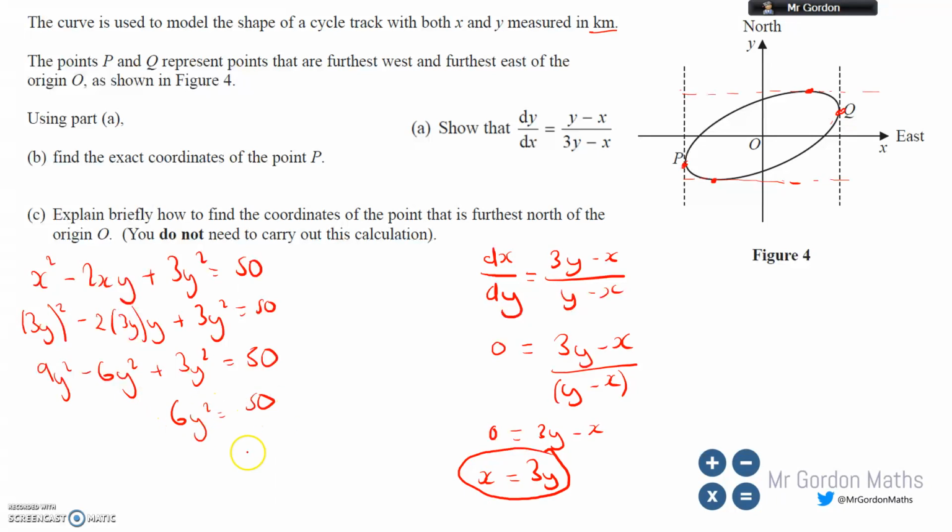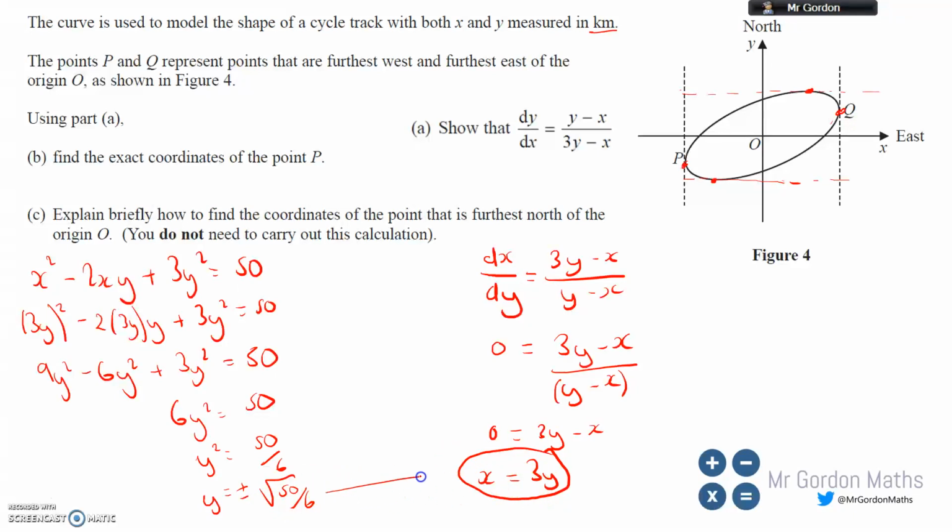So y squared equals 50 over 6, and then y would equal plus or minus the square root of 50 over 6. Okay, and I am running out of time here, but obviously x is equal to 3y.